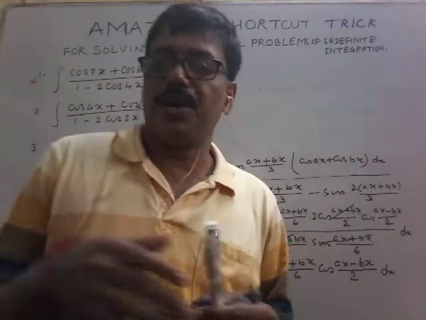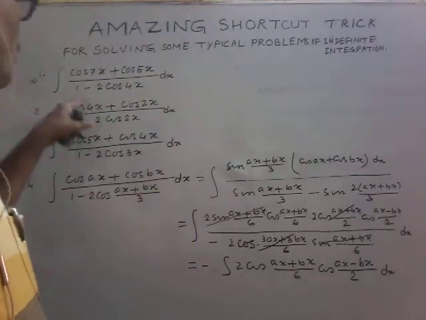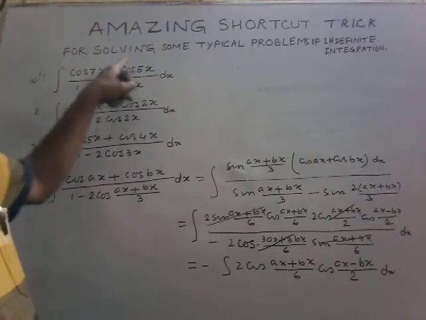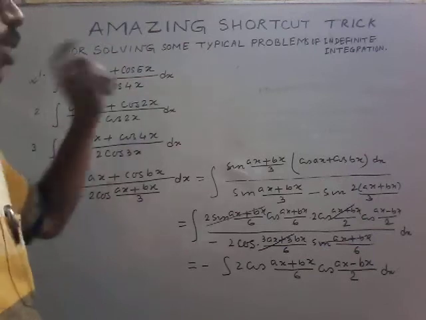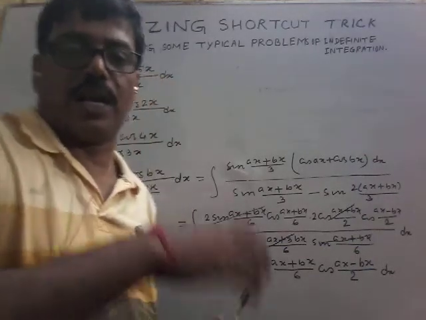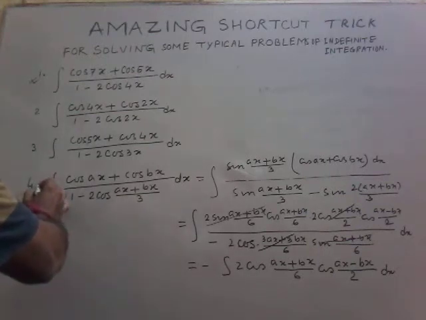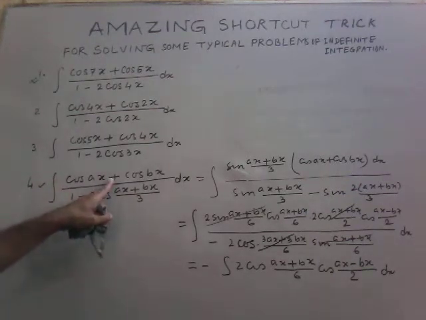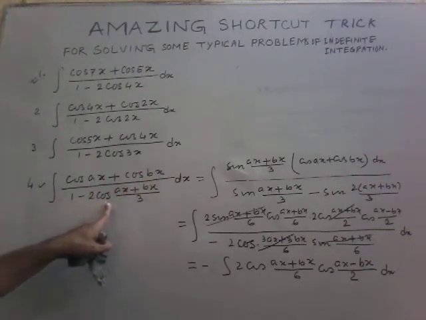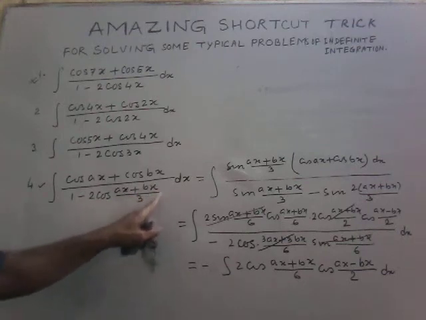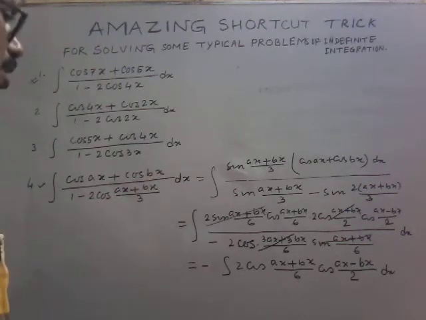So, what is the rule of solving this type of integration? We know we have to multiply, for problem number 1, the numerator and denominator by 2 sin 4x. Now we consider the last problem, that is the general one: integration of (cos ax + cos bx)/(1 - 2 cos((ax + bx)/3)) dx.